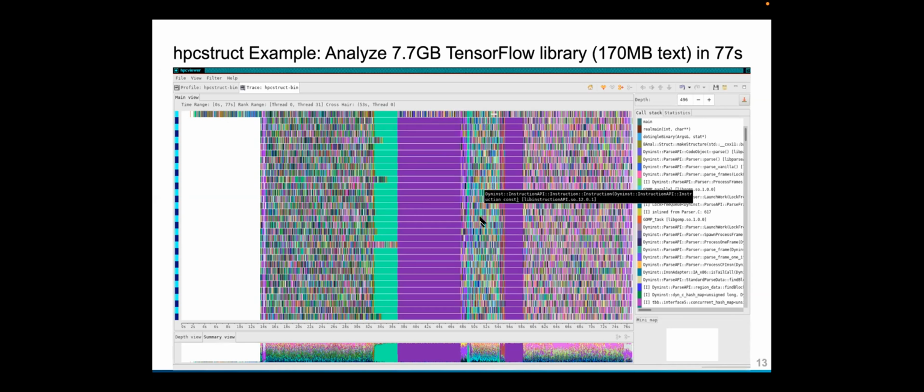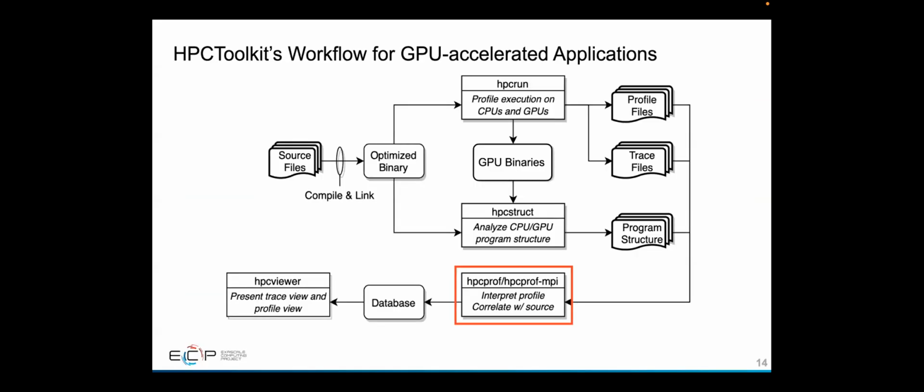This is analyzing the instructions in parallel, and this is assembling the program structure representation that maps the machine code back to the source code. And it does it all in 77 seconds for a 7.7 gigabyte binary on 32 threads. And so when you have ECP applications that involve lots of CPU and GPU binaries, it's important that the analysis be relatively quick.